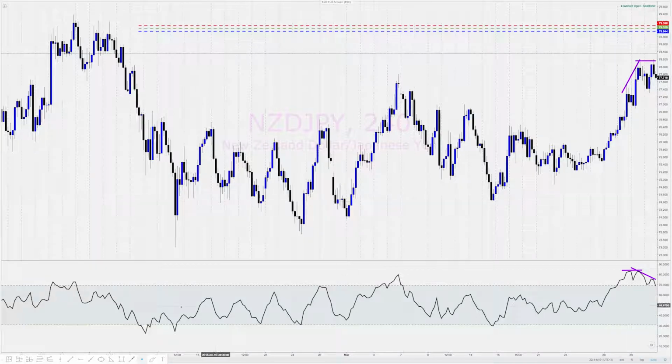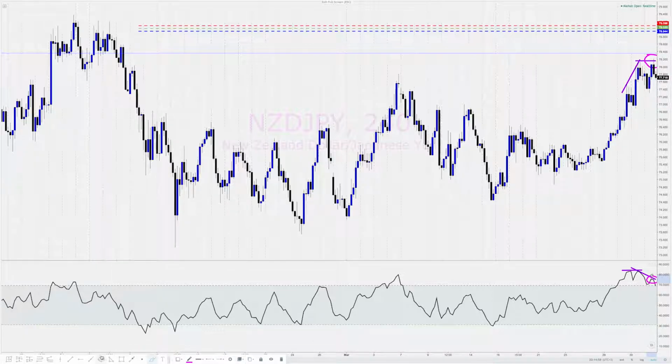Now the key here is to identify a key level, and you do that by, here is your most recent high in price. Here is your most recent high on the RSI. That is also your most recent divergence.